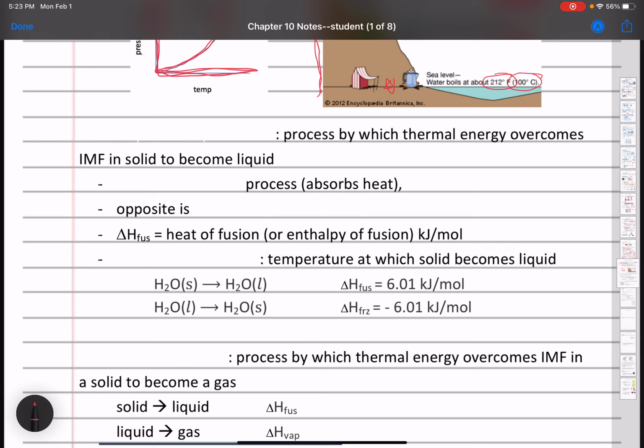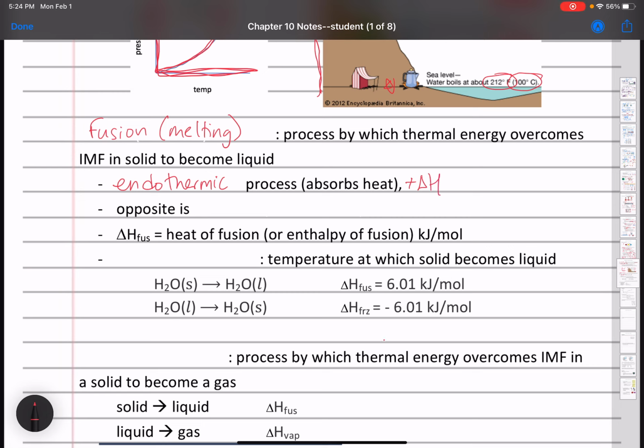All right, the next state change is melting, or in chemistry we call it fusion. Fusion is the same thing as melting, and melting is when we go from a solid to a liquid by adding heat. So it too is an endothermic process and has a positive enthalpy.